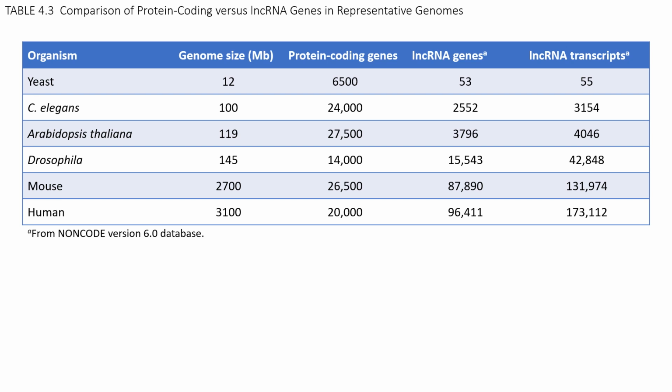When you look at us in particular, the genome size is 3,100 megabases with only 20,000 protein-coded genes, almost 5 times more lincRNA genes, and almost 9 times more, probably a little bit less, lincRNA transcripts.